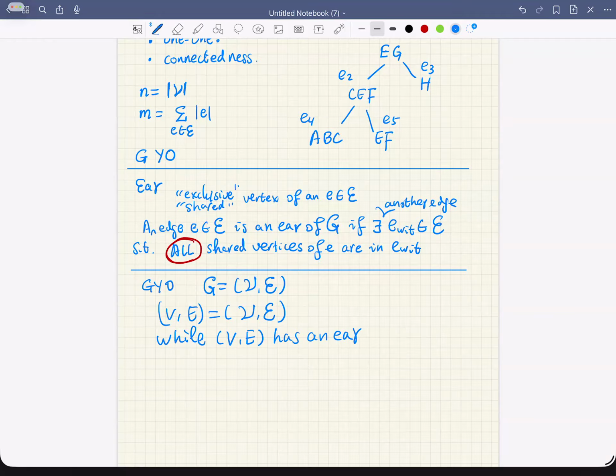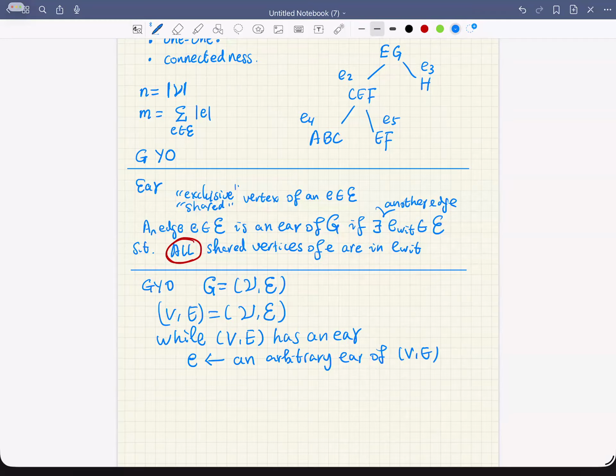But if it still has an ear, you want to pick the ear. Actually, you could have multiple ears, as you can see. Pick an arbitrary ear. Any ear. I don't like the word any because it could be ambiguous. An arbitrary ear of the graph so far.